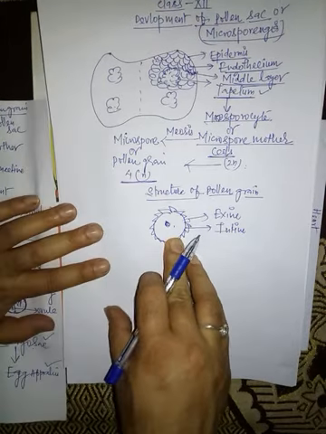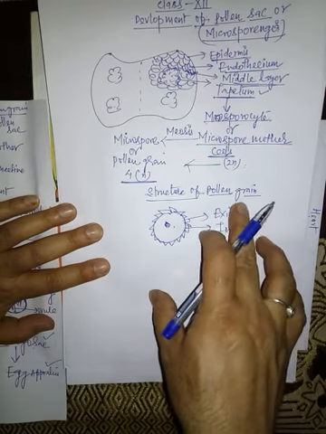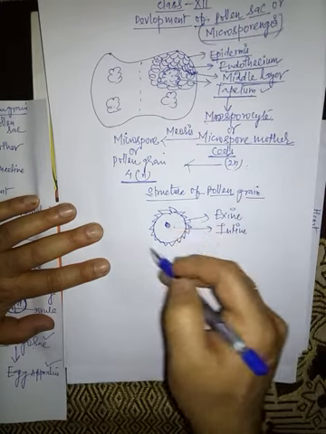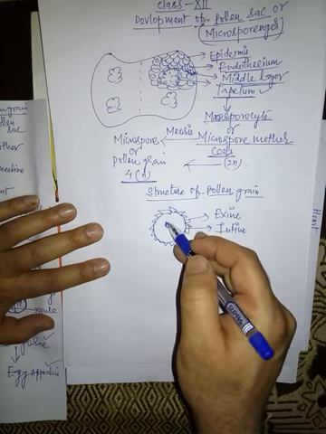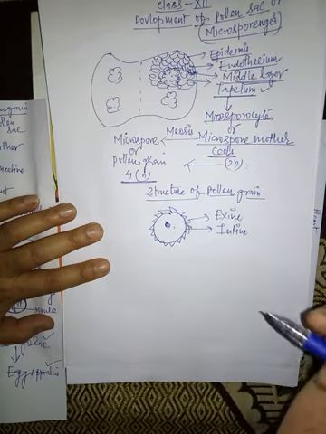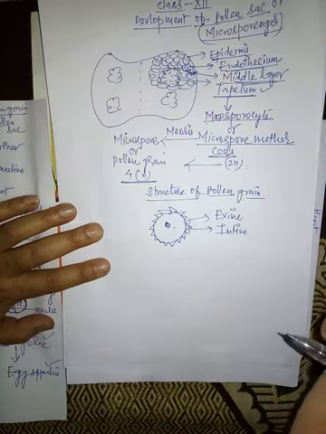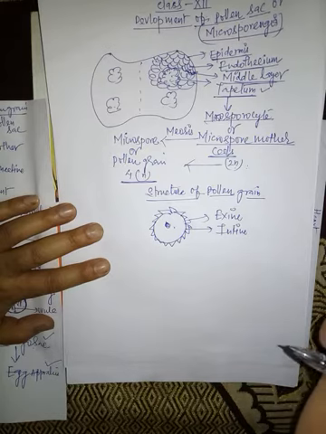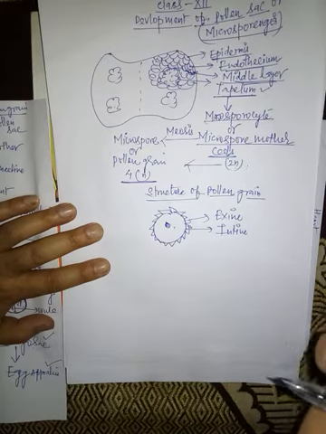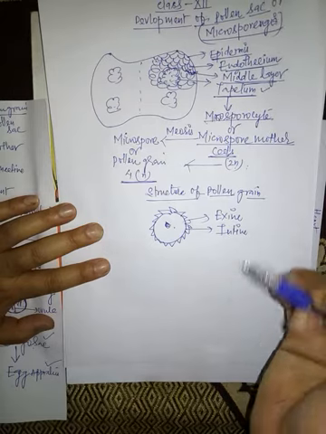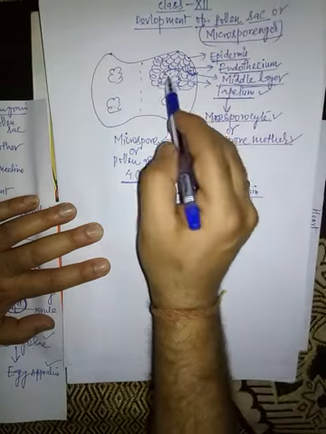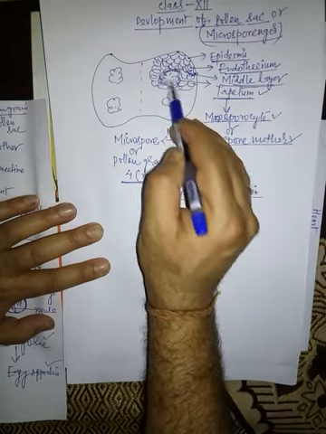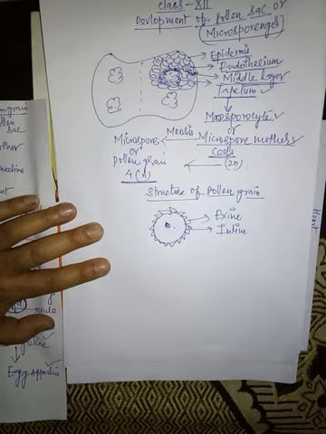I am repeating again, microspores or pollen grains are uninucleated, haploid, very minute spores which are formed by the meiosis division in microsporocyte and microspore mother cell inside of the microsporangia and pollen sac.